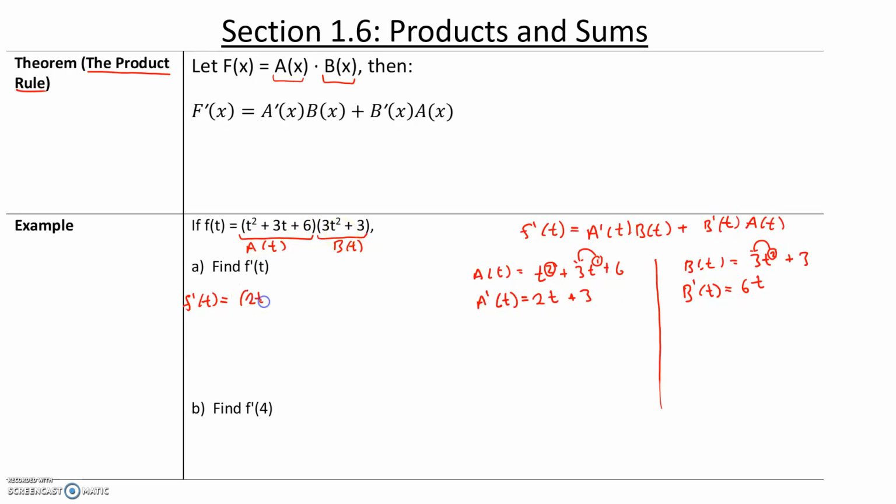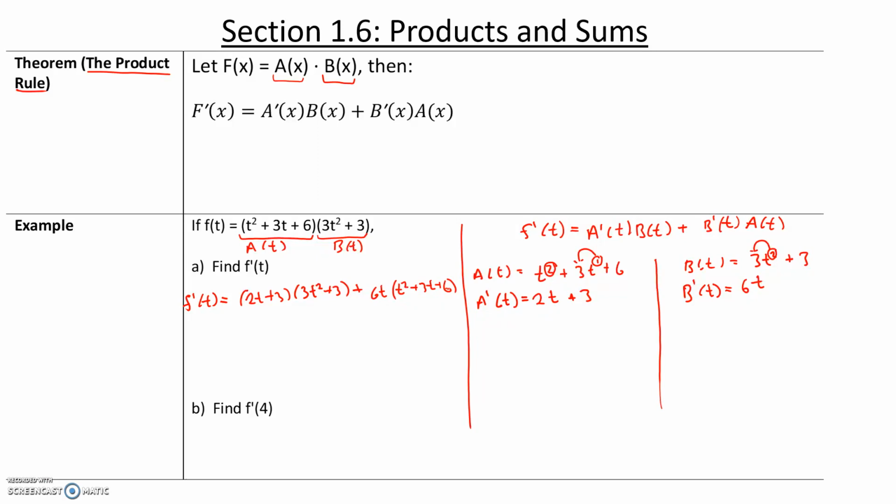So the derivative of the first function is 2t plus 3 times the second function, which is 3t squared plus 3. Plus b prime of t, which is 6t, times a of t, which is t squared plus 3t plus 6. And that is going to be our derivative.